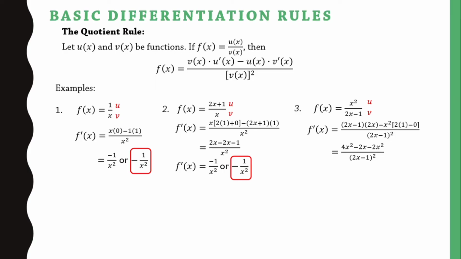So simplify, we can subtract 4x squared and we have here minus 2x squared. So 4x squared minus 2x squared, that is 2x squared. And we have here minus 2x, all over 2x minus 1 squared. So the derivative of the given function is 2x squared minus 2x all over 2x minus 1 squared.